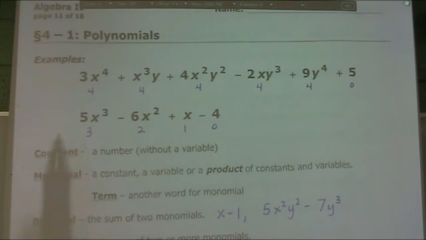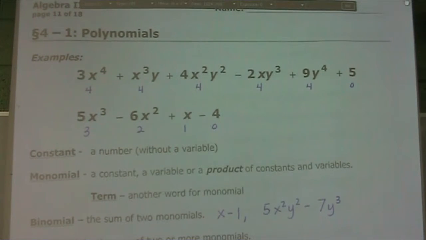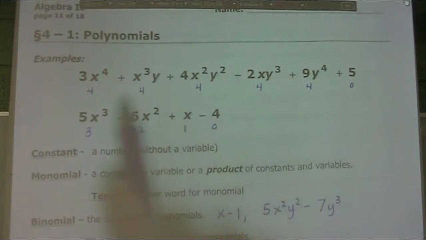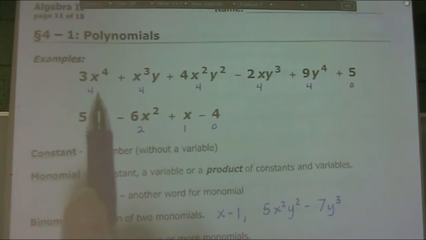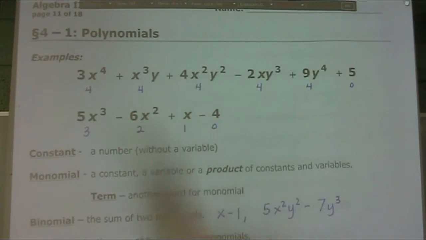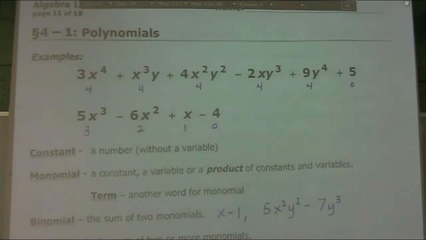The largest of these is 3, so the degree of this polynomial is 3. You don't add all these things up for the degree of the polynomial. You find each of these degrees of the monomial, and the largest is the degree of the polynomial.